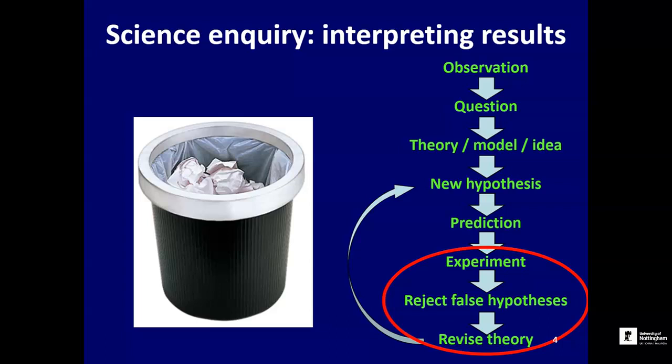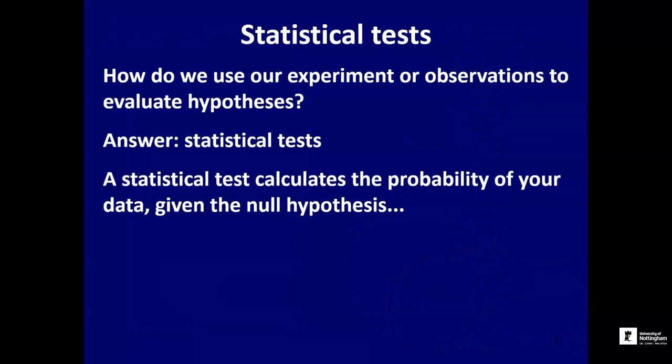So if you remember, this is a kind of potentially destructive component of the scientific method, where we essentially throw data at hypotheses in the hope that we find evidence that the hypotheses are false, in order that we can falsify them and then move on to be creative and create new ideas or new hypotheses. It's a rather negative, conservative view of science, but it rests on this idea that we can use data to make inferences about hypotheses, and that's what this lecture is all about.